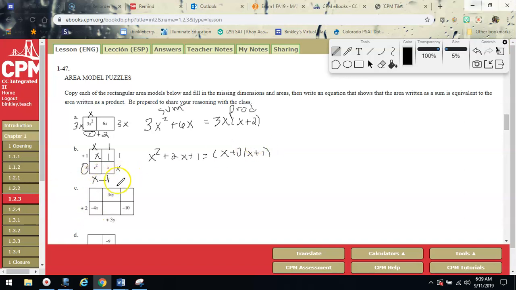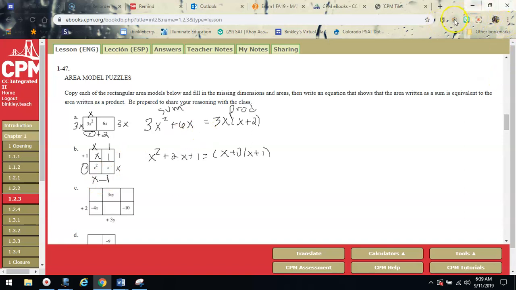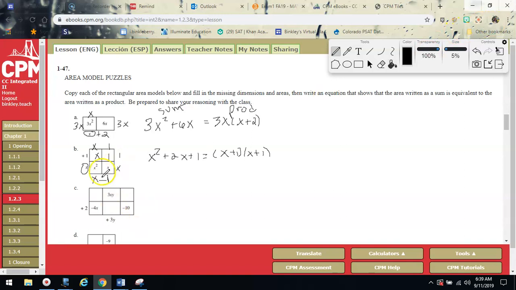Okay. Sorry. See, I made this little mark here, and I want you to realize it's plus 1, not minus 1 there. If this is 2 and this is negative 4x, this must be negative 2x. If this is 3y, this is 3y up here. That means this must be x, because we needed to get that x in there somehow.